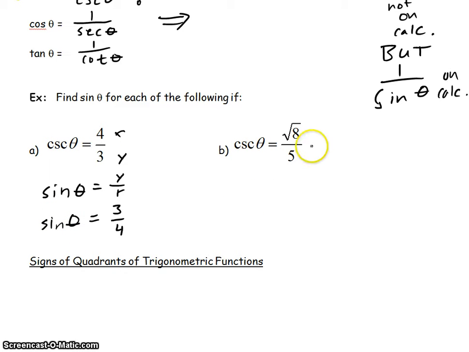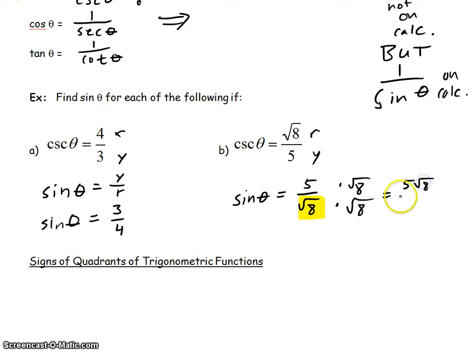The same idea, we have to be a little bit careful with this one though, because if I write the sine of this, I get 5 over the square root of 8. You can't have a square root in the denominator, so that's a problem. So to fix that, I have to multiply by the square root of 8. We get 5 square root 8 over 8.